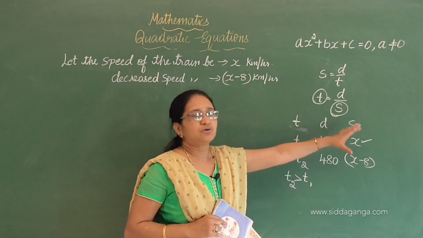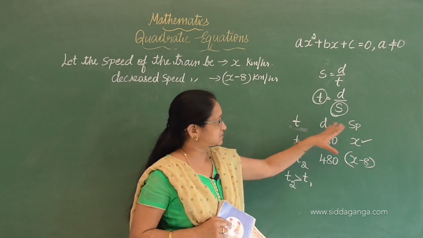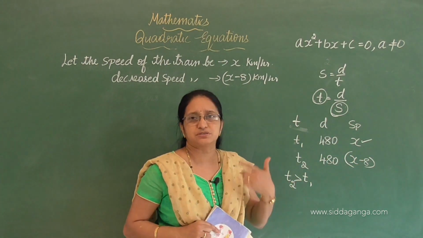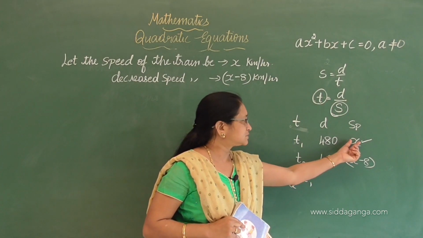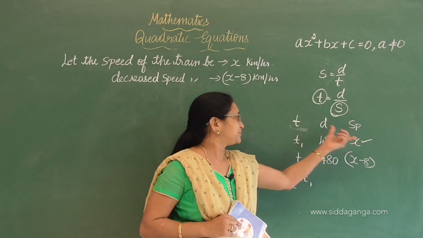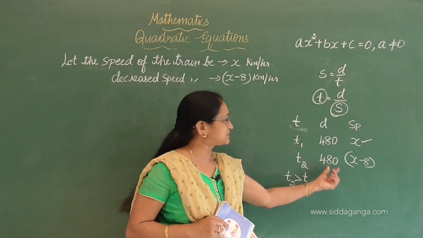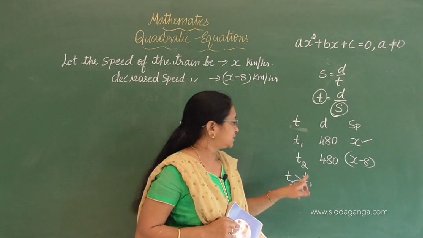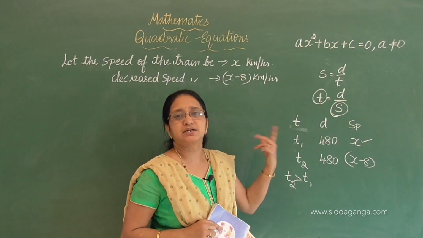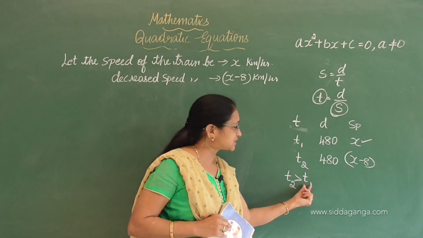You should frame this and think about that situation in your mind. When speed is x, time is T1, and the distance will be the same for both situations. When the speed is decreased, time definitely will be increased. Therefore, T2 is greater than T1.